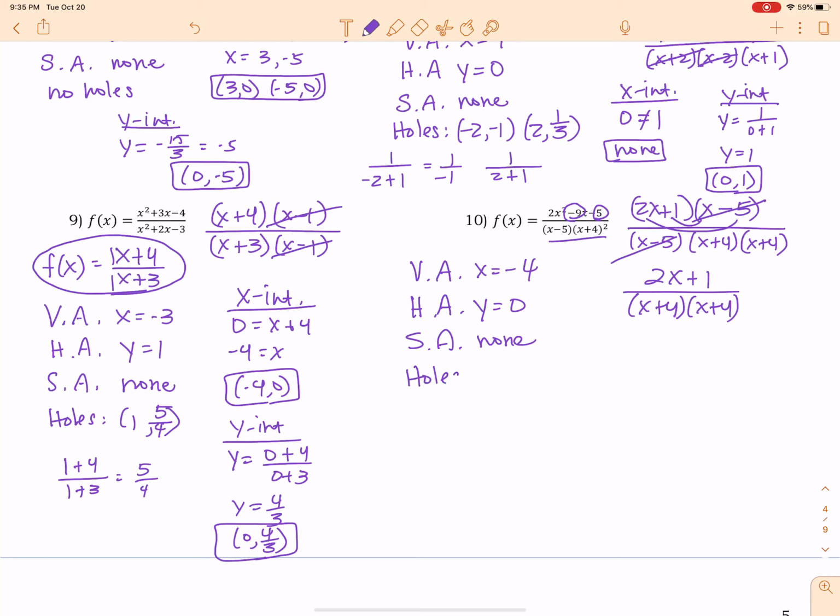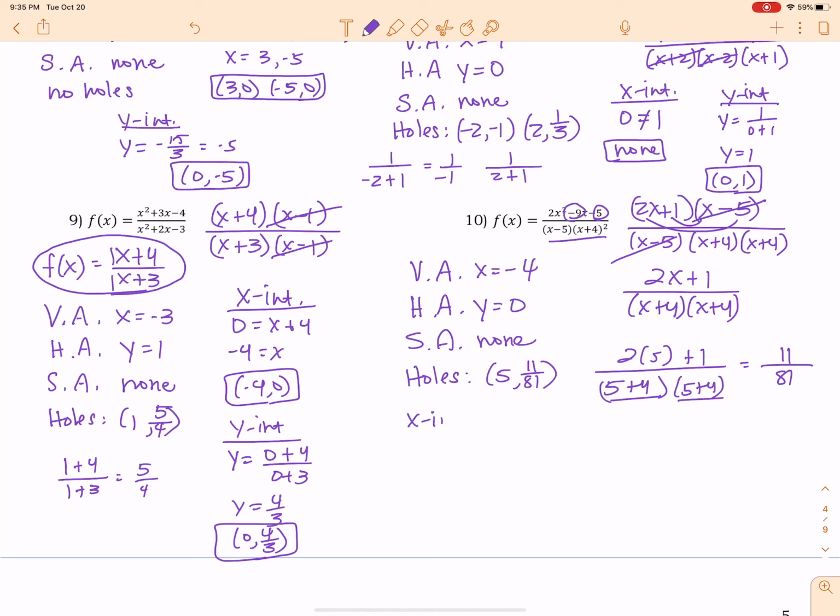And holes are occurring at x equals 5. So I'm going to use some substitution to find out what the y value is. Okay, so I've got 10 plus 1 is 11, and this is 9 times 9, which is 81. I warned you that sometimes the y value is weird.